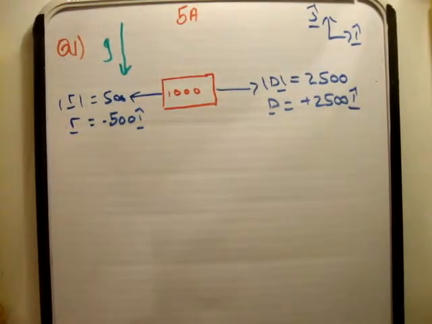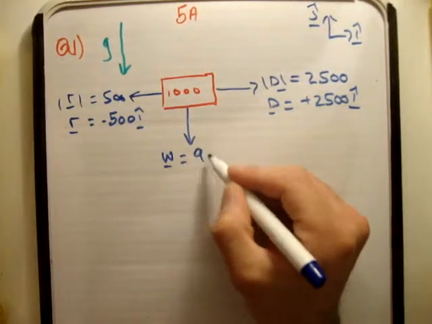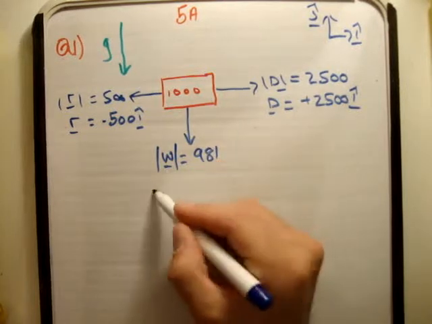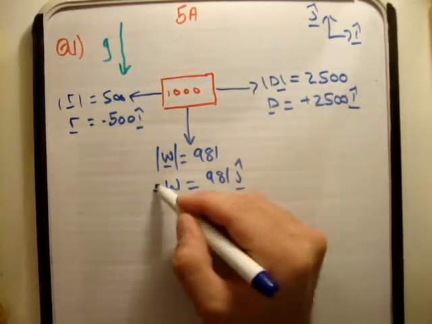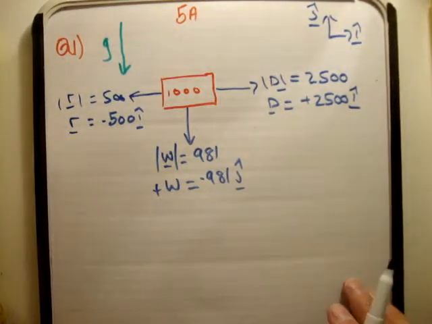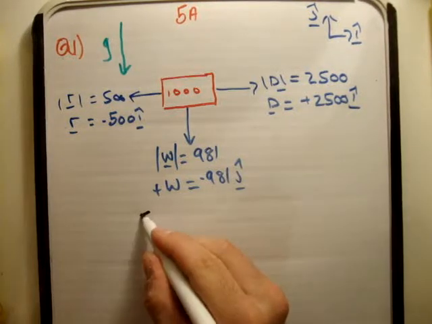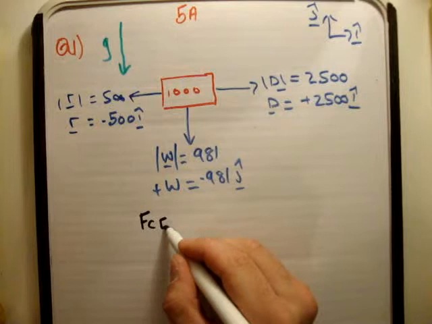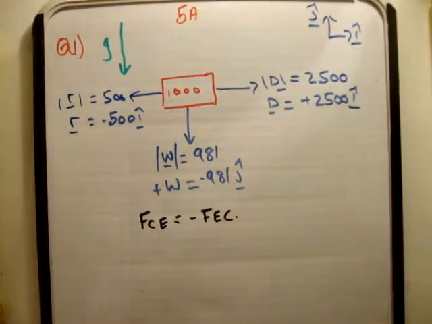So let's just draw that in. We have a weight vector here. The magnitude of the weight vector is 981, and its direction is negative j hat. So the question is, what is its reaction pair here? What we've just found is the force of the car on the earth, and we need to find the force of the earth on the car.